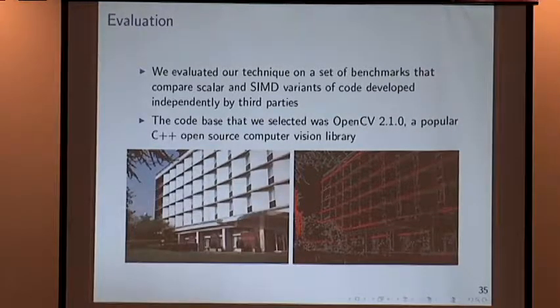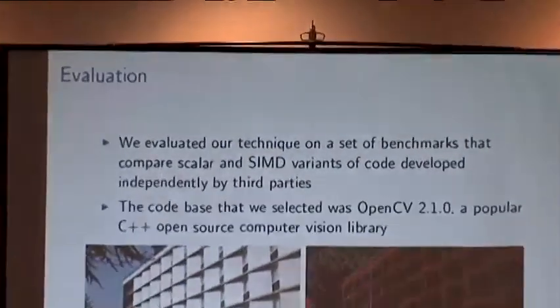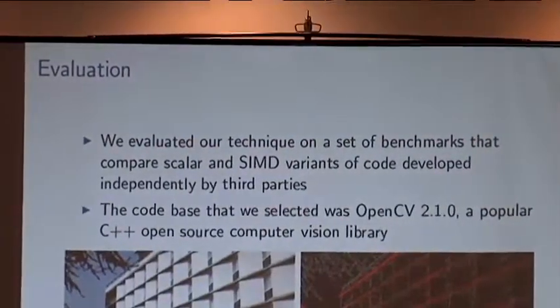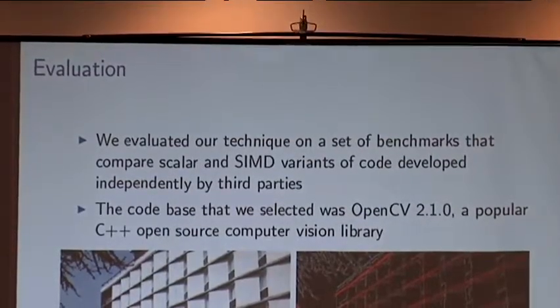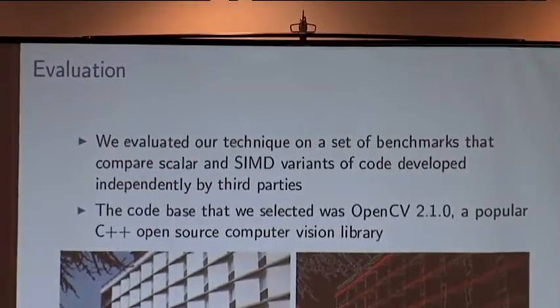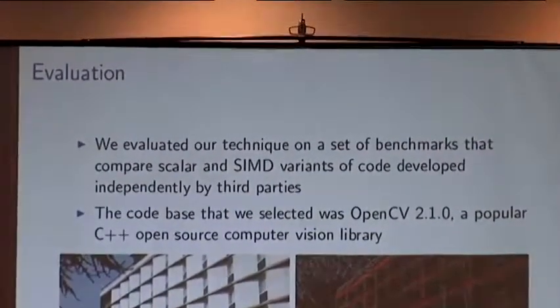We didn't make any changes apart from those which were necessary, which weren't very significant. The code base is OpenCV. It's a popular C++ computer vision library, and underneath you can see an example of a line detection algorithm in OpenCV.